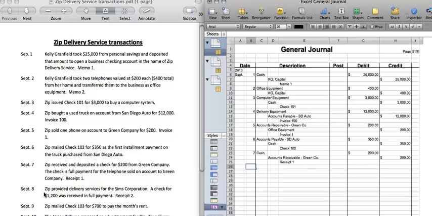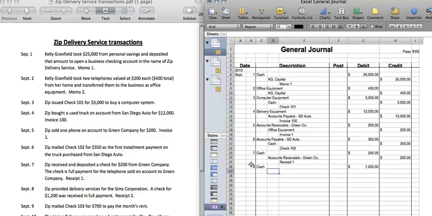And our source document is receipt 1. On September 8th, Zip provided delivery services for the Sims Corporation. A check for $1,200 was received in full payment. So it doesn't really matter who bought from us because they paid us immediately. So we're going to go ahead and debit cash because it said they paid us with a check, $1,200.